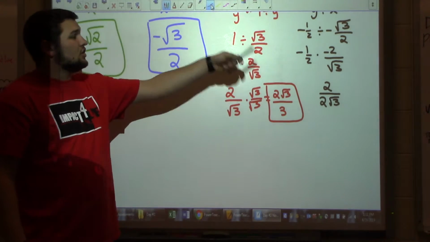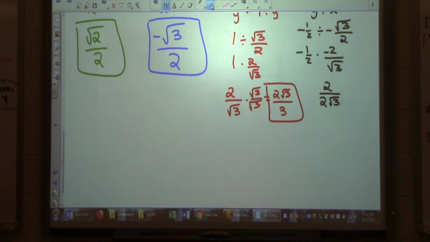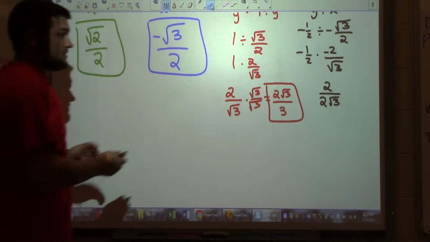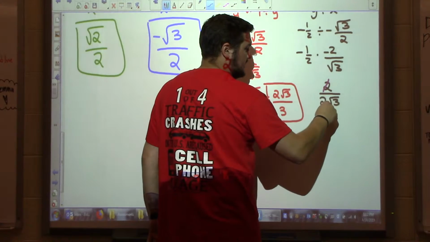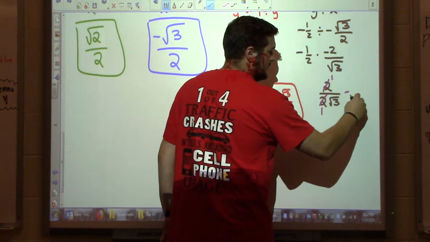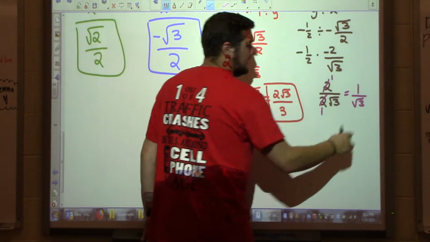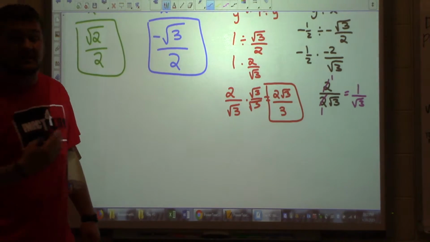Is that a good, viable answer? No. 2 reasons. What are those 2 reasons? Radical denominator. We need to rationalize the denominator. What else? Simplify it, right? 2 over 2 is the same as 1. So I'll just cancel out to 1s. I'm left with 1 over square root of 3. And I'm going to do what we said, I need to rationalize it.